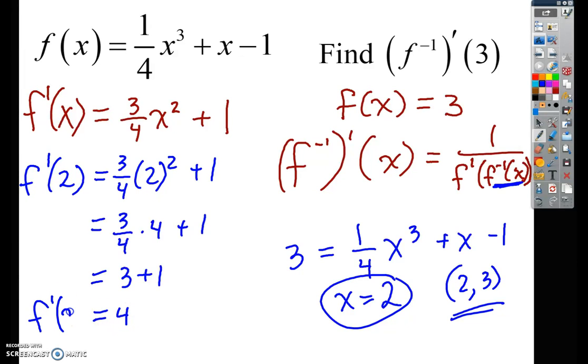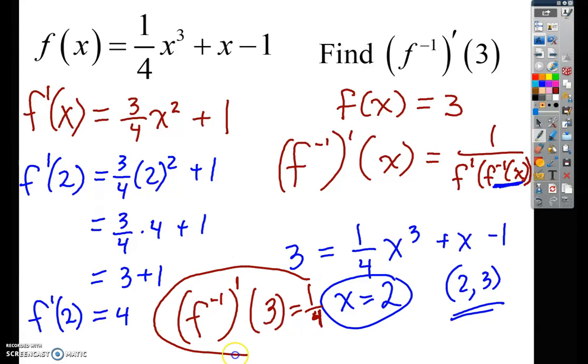So that's the derivative. And so f inverse prime of 3 is equal to 1/4 because it's the reciprocal. And so that's that relationship that we discovered.